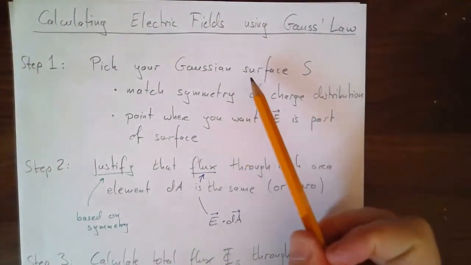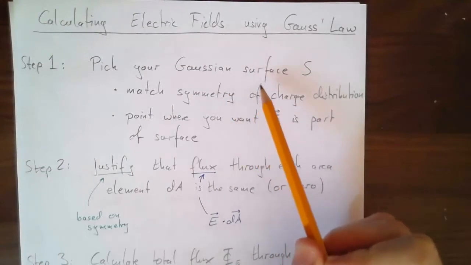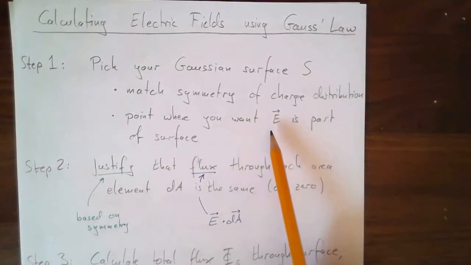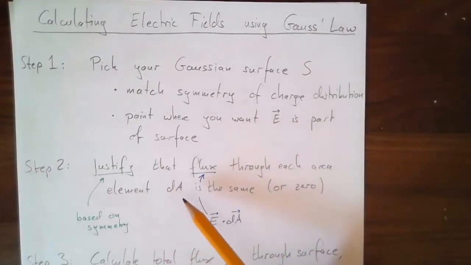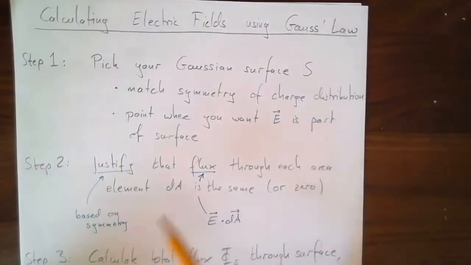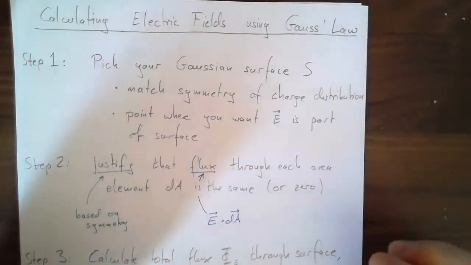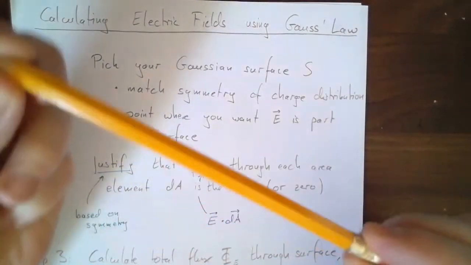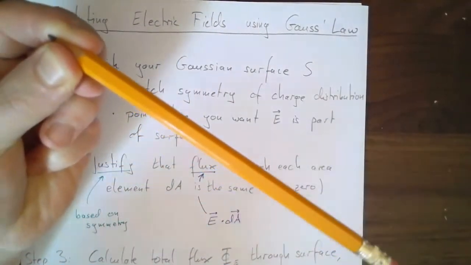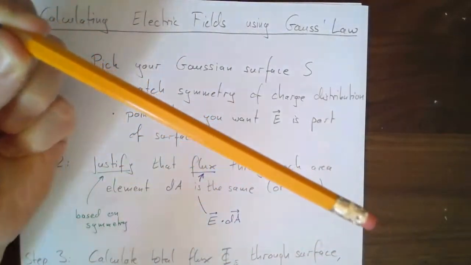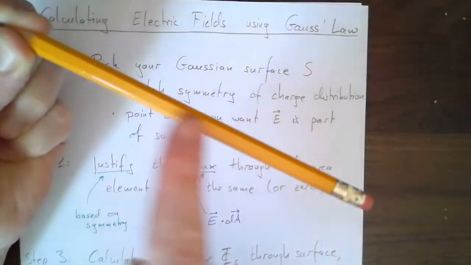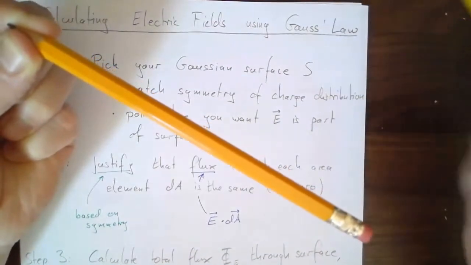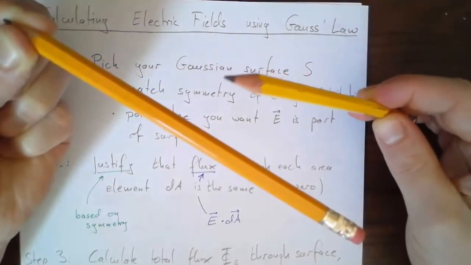The second condition for our Gaussian surface to be useful is, well, we want the point where we want to find the electric field to be on the surface, right? Part of the difficulty here is that you always have to visualize this in 3D. If you imagine this is my long stick of charge, you can imagine it's infinitely long, and I want to figure out what is the electric field right here at the tip of this pencil.